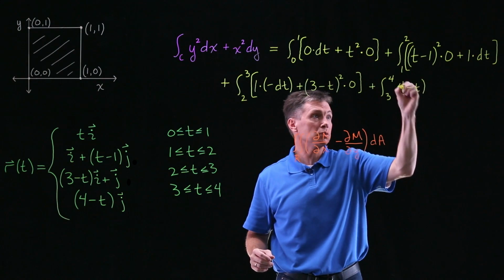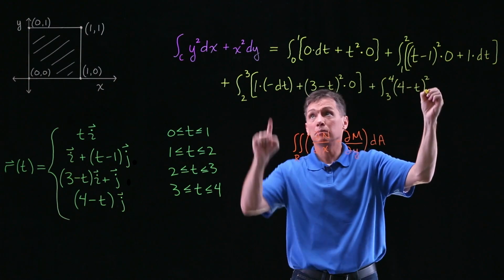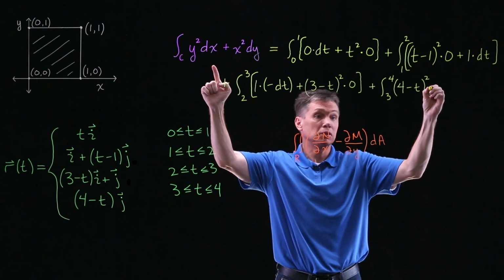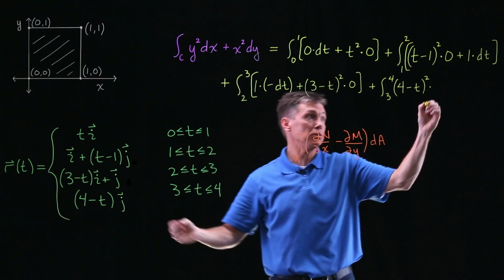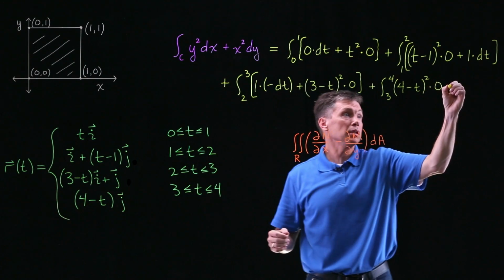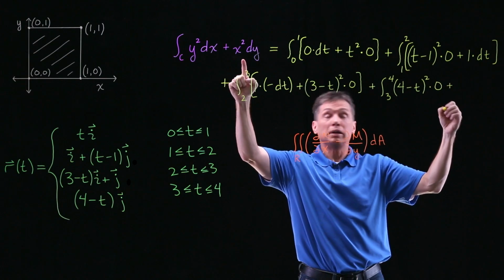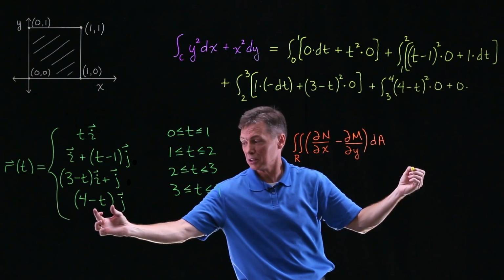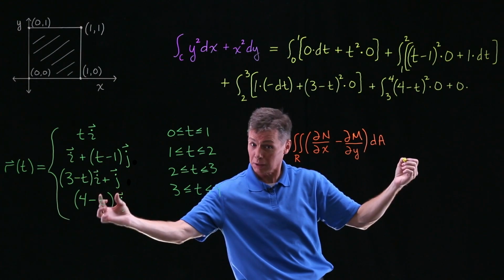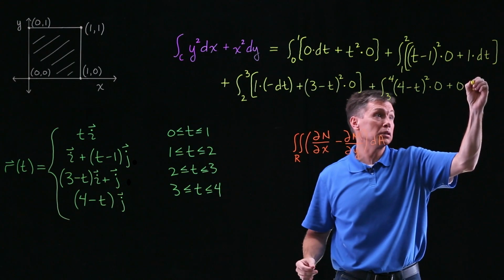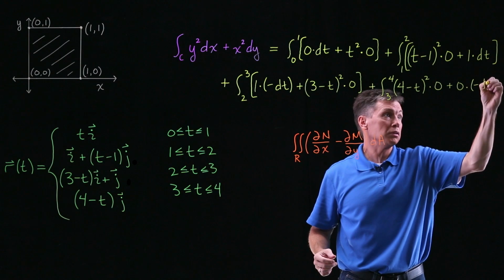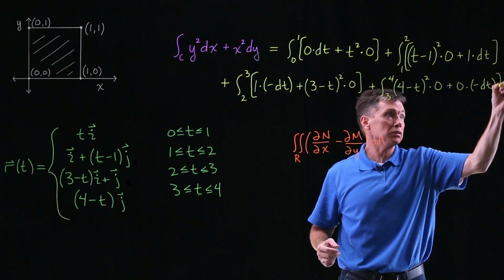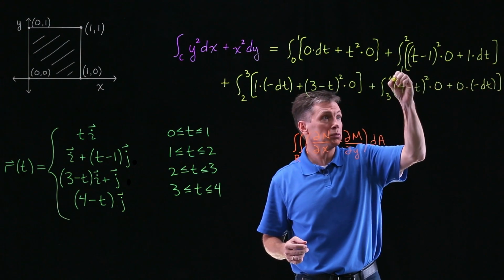I have to square it, times dx, but there is no i component there, so the derivative is 0, plus x squared, which is the 0, times, just for completeness' sake here, the dy is going to come from here. It's going to be a minus 1, but there is that 0 in front of it, so we're in good shape on that one as well.